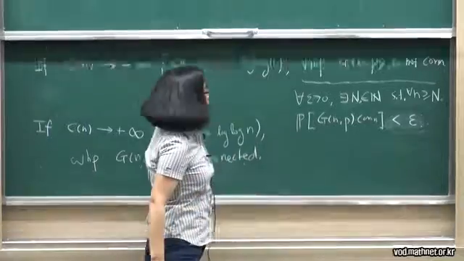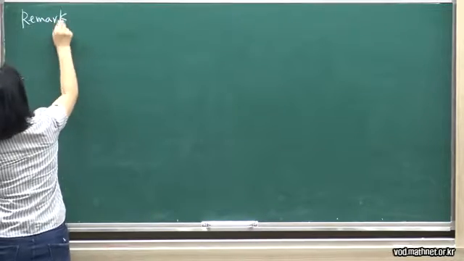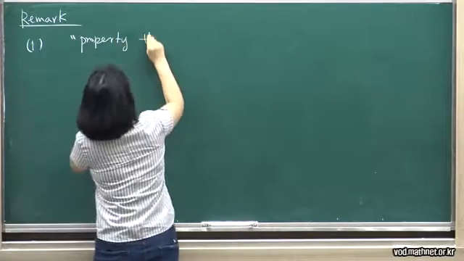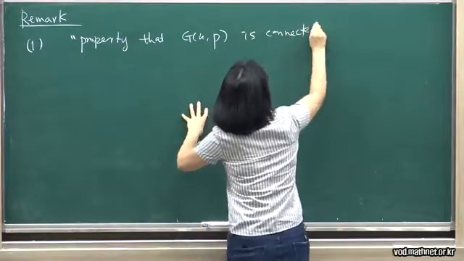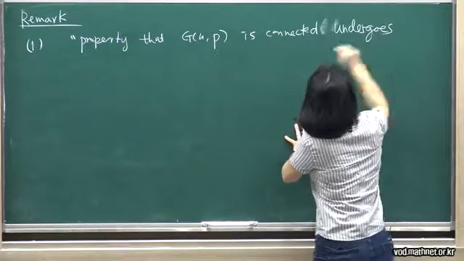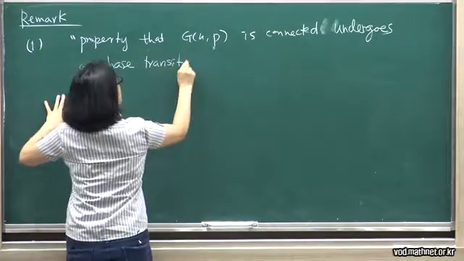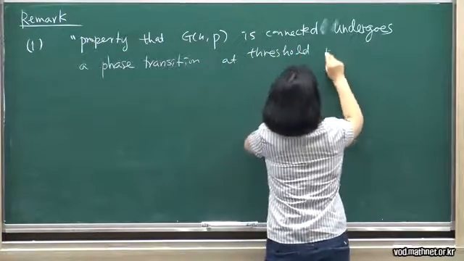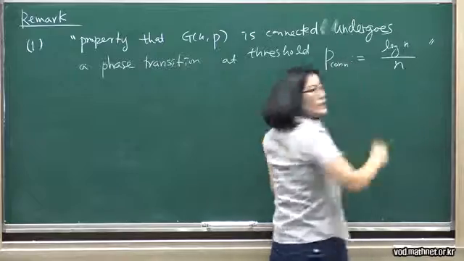So we give it a name, inspired by physicists: we say the property that G(n,p) is connected undergoes a phase transition at a threshold.